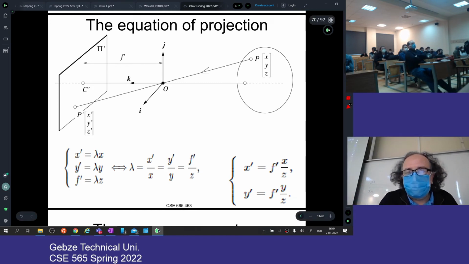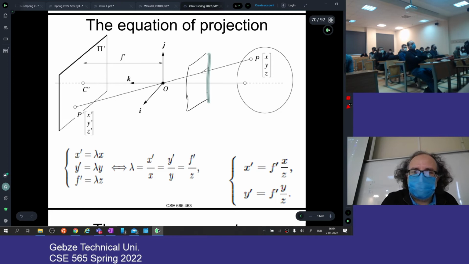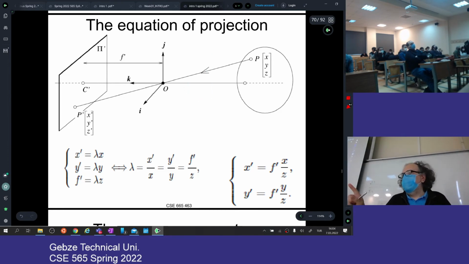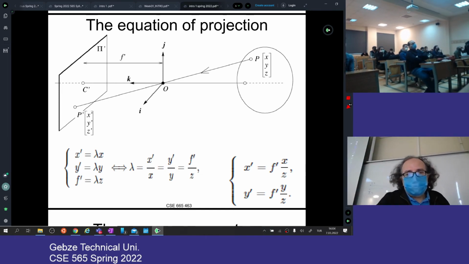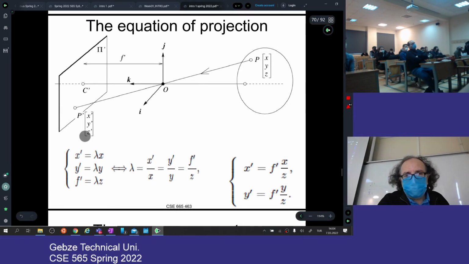Previously, my image plane used to be in front of the central projection. Now it is behind it. Doesn't matter. Only this minus D becomes plus D, and my images are upside down now. But that's okay, no problem. So this is what happens: X prime, Y prime, and Z prime here. Z prime is F prime. It is the distance of this image plane pi prime from the central projection O.